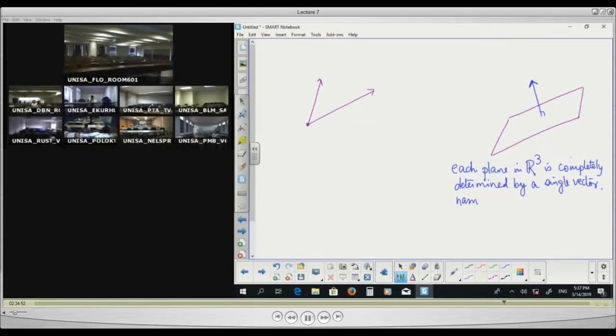So, that's how we come upon the definition, the equation of a plane.